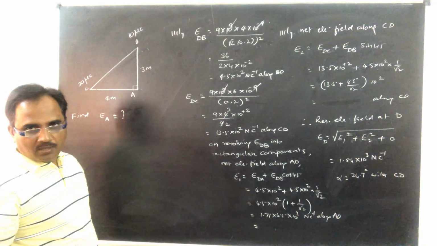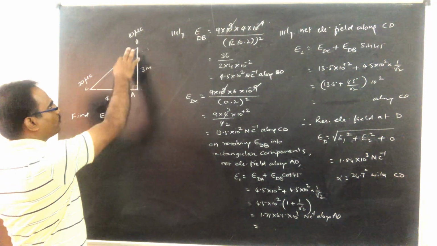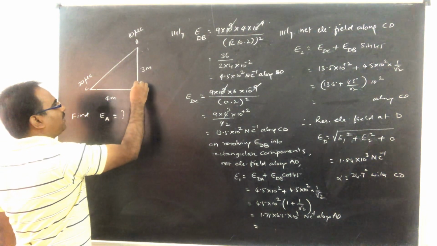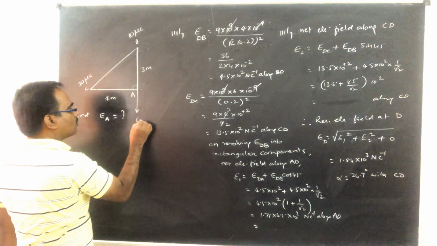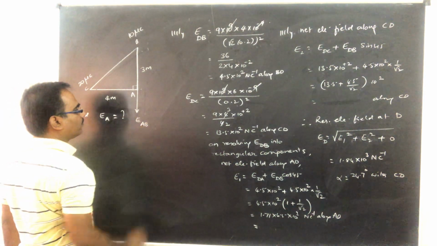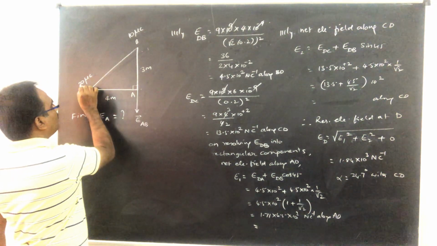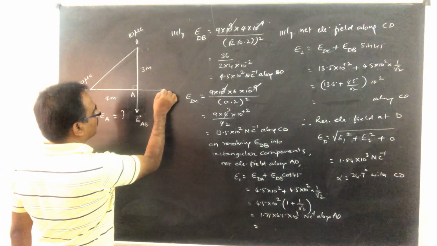So as per the standard procedure, first you represent the direction of electric field at A due to individual charges. Due to this charge at B, the field at A is in this direction. So this is EAB. Similarly, due to the 20 microcoulomb charge at C, the field at A is in this direction.